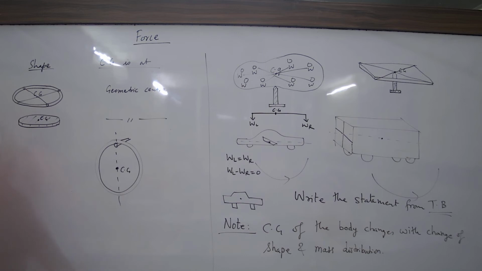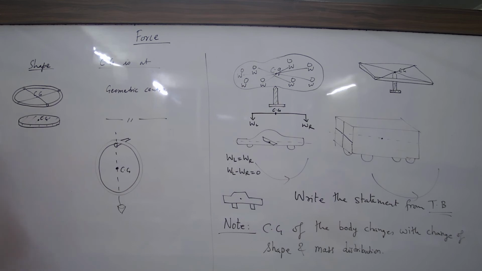So the mass of the spoke is negligible as compared to the mass of the wheel. So it can be balanced at the center. Okay? Understood? So whenever you hang the object, the vertical line going towards the earth would always pass through the CG. Remember this fact. Whenever questions are asked, you have to answer.